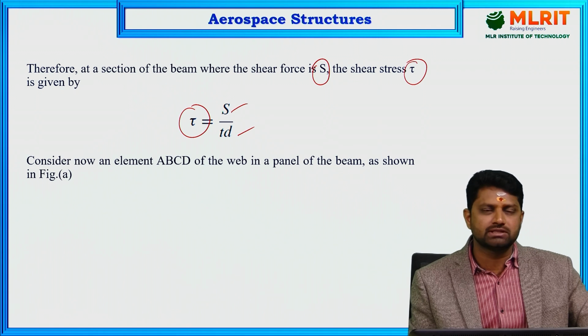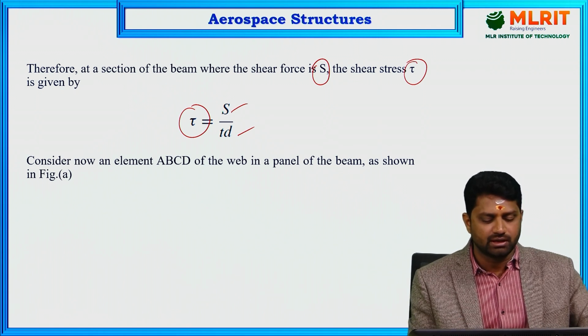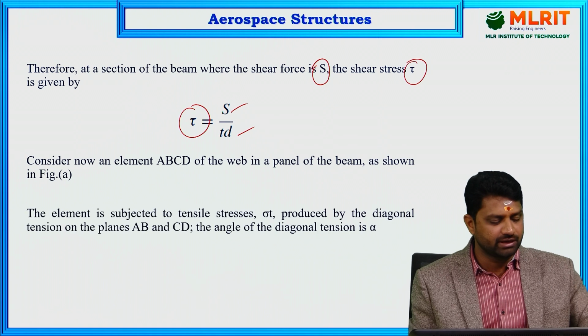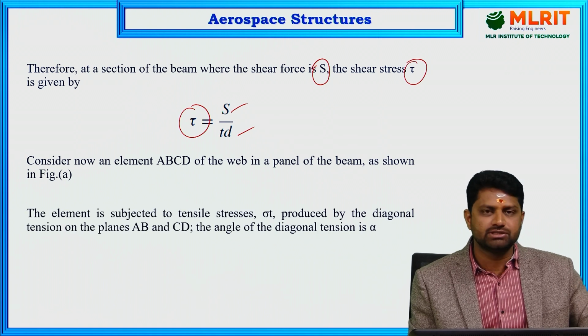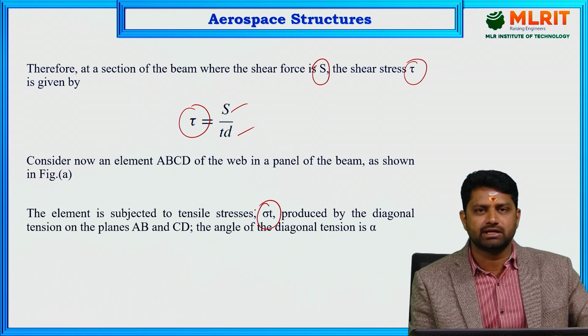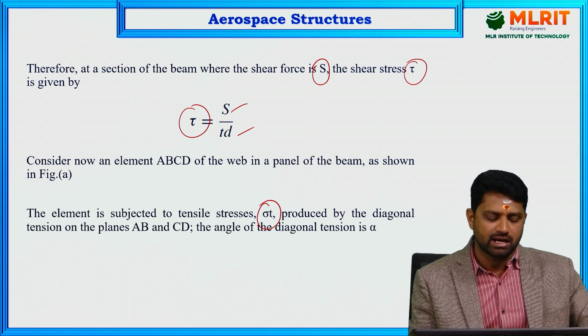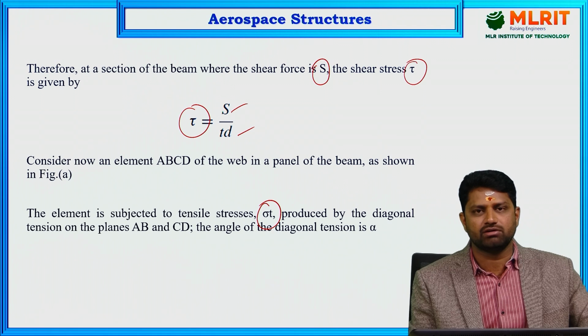Now consider the element ABCD of the web in a panel of the beam, as shown in the figure. The element is subjected to tensile stress sigma T, produced by the diagonal tension on the planes AB and CD, where alpha is the angle of diagonal tension.